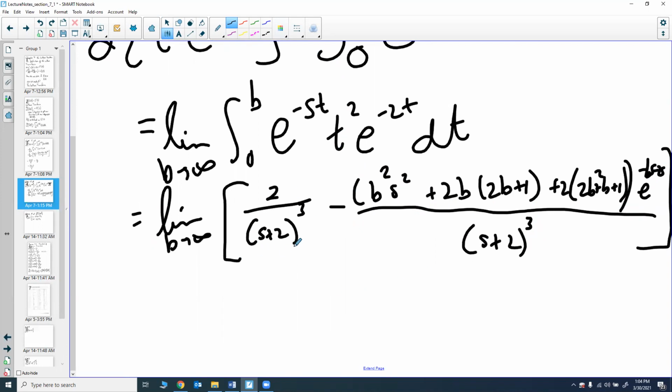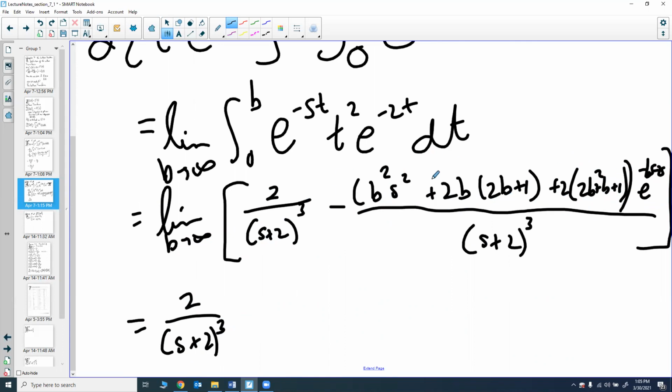Again, this first term, 2 over (s plus 2) cubed, does not involve a b, so the limit of a constant is just the constant itself. So it's 2 over (s plus 2) cubed. For the limit of the rest of this, you've got a polynomial on the top times e to a negative power. That e to the negative power will go to 0 as b goes to infinity.